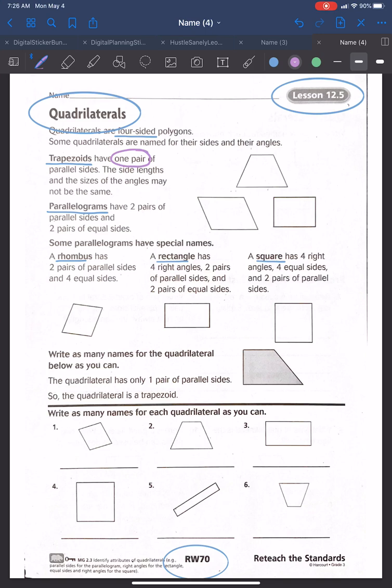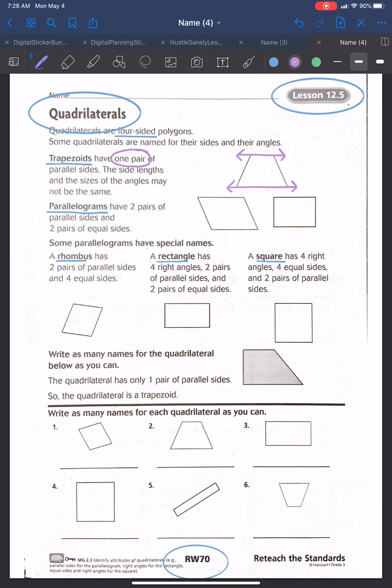Remember, parallel means they will never touch. 1, 2. Two of my sides are parallel and will never touch. The lengths and the sizes of the angles may not be the same.